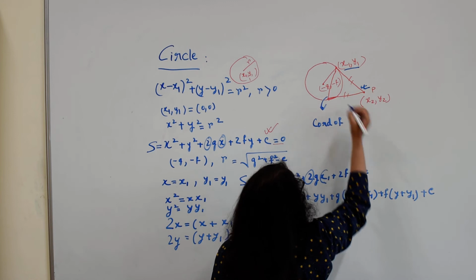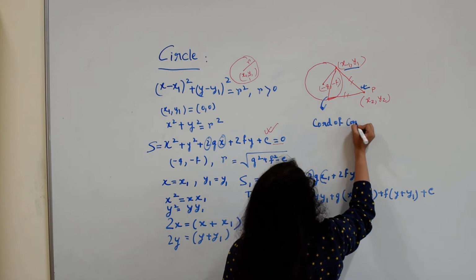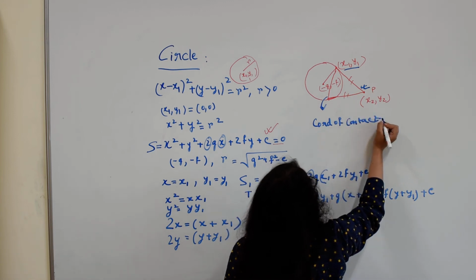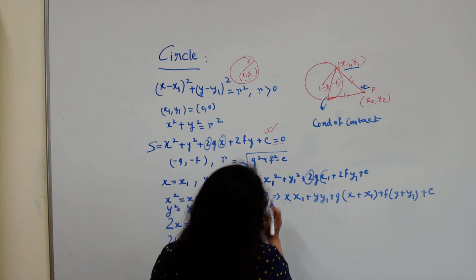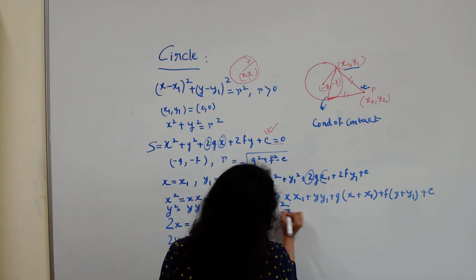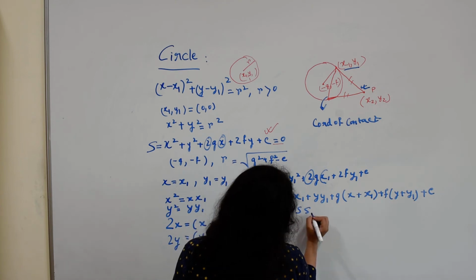Since we are joining two contact points, we will get its equation by T equals 0.